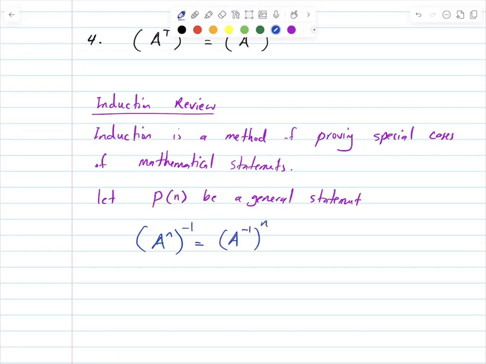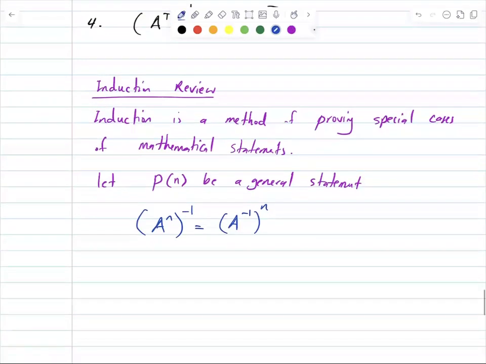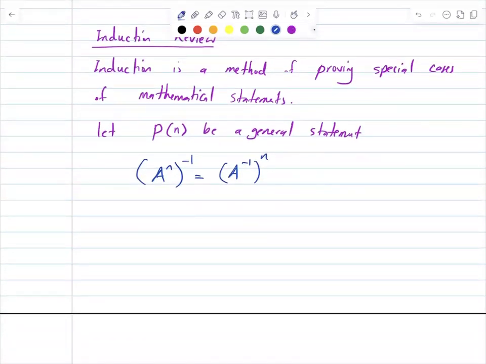To prove this statement, you're going to start with a very basic case. We're going to call it the inductive step, or inductive base.